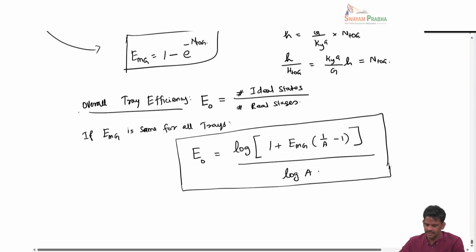So this would be the expression for the overall tray efficiency, which is defined as the number of ideal stages over the number of real stages.